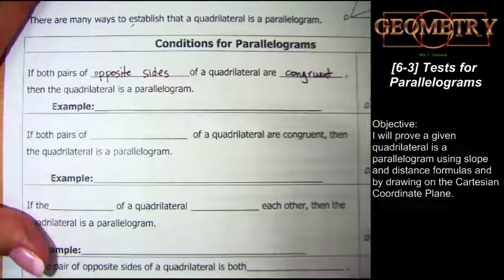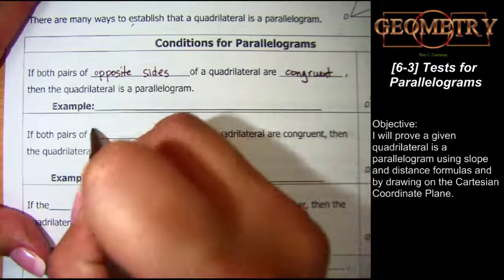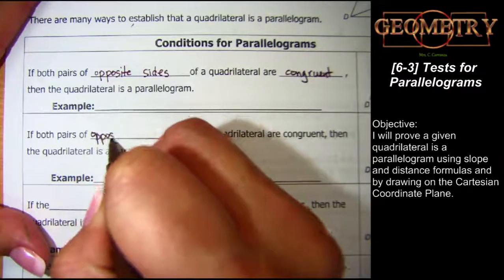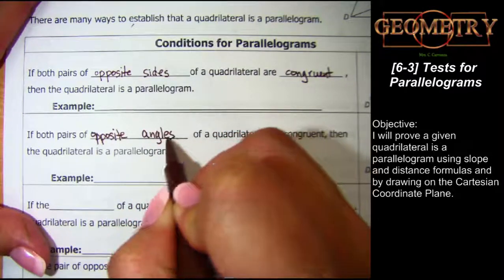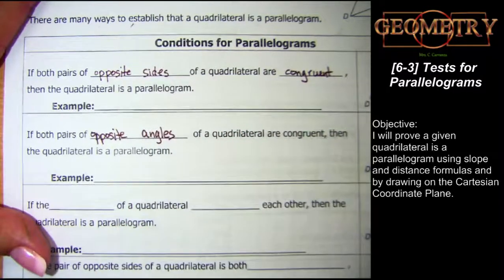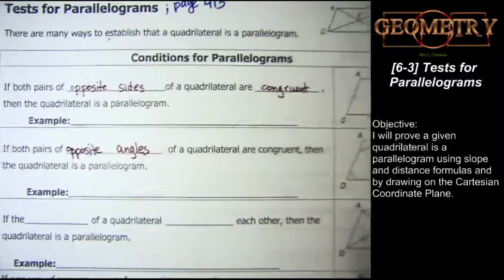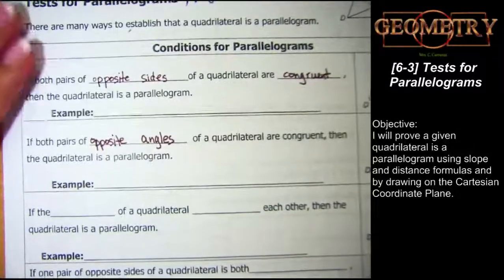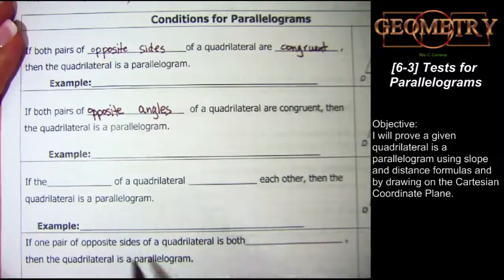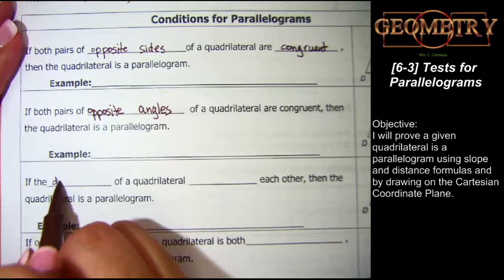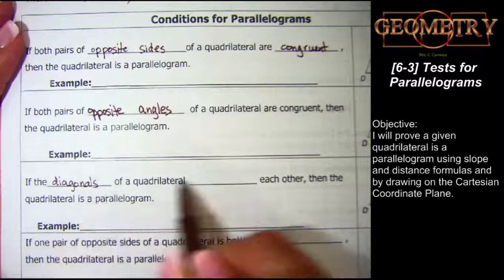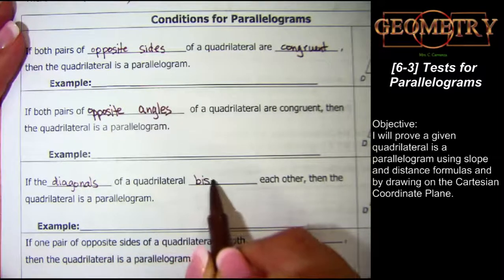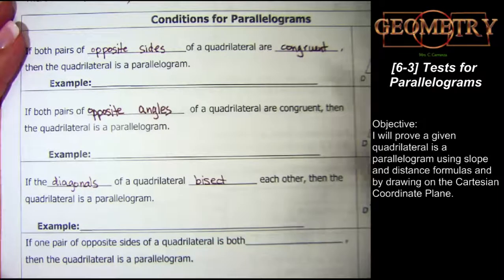If both pairs of opposite angles of a quadrilateral are congruent, then it's a parallelogram. If the diagonals of a quadrilateral bisect each other, then you have a parallelogram.